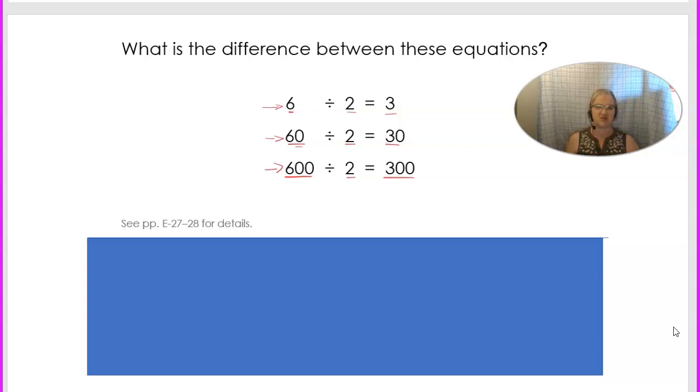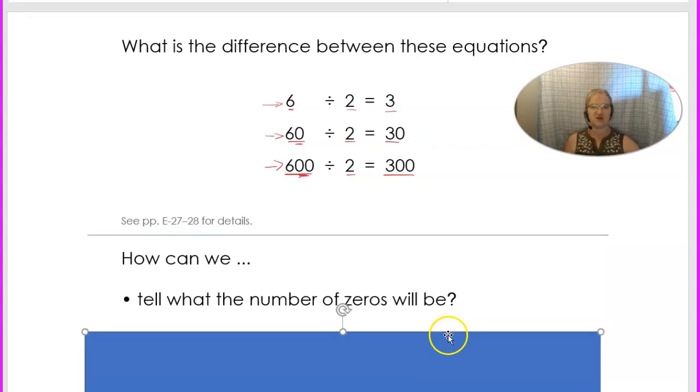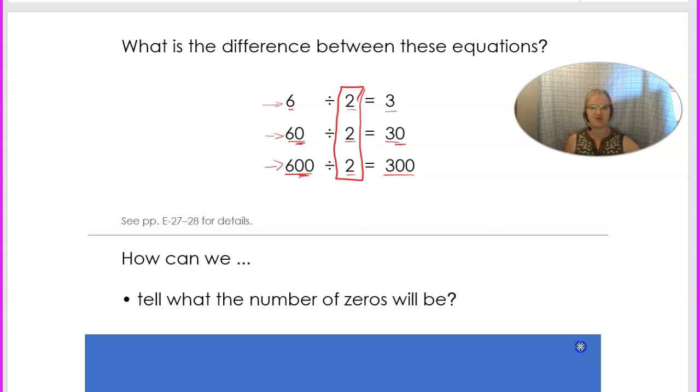Yeah, we just added zeros onto it, right? So how can we tell what the number of zeros will be in an answer? If we have 1 zero on this side, we will have 1 zero on this side. But notice that's if the divisor stays the same. It's only if it follows this pattern.